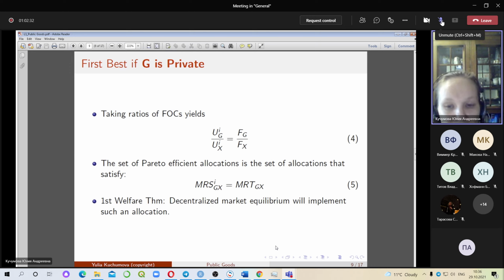Once this condition is satisfied, we know that the allocation is a Pareto efficient allocation. So once we solved that and found an allocation, this is a Pareto efficient allocation.